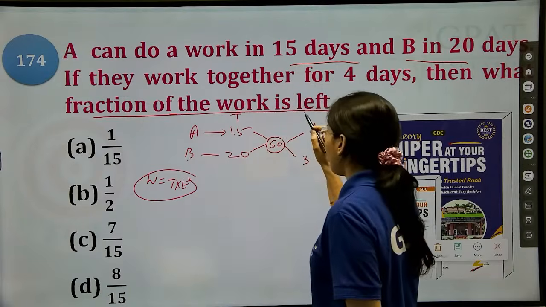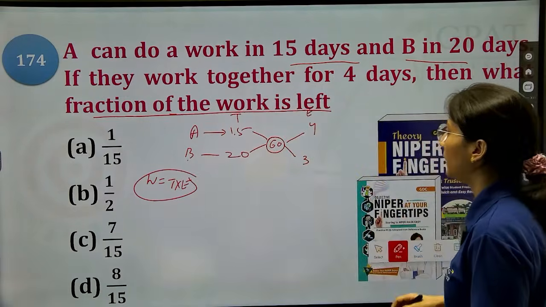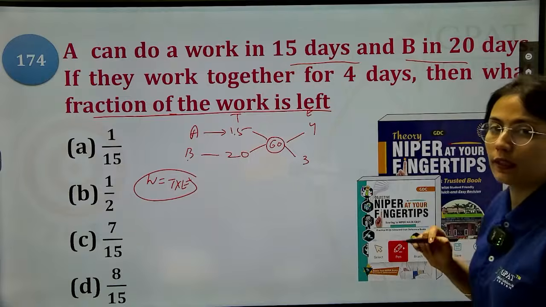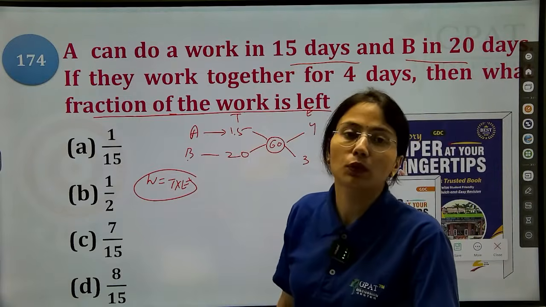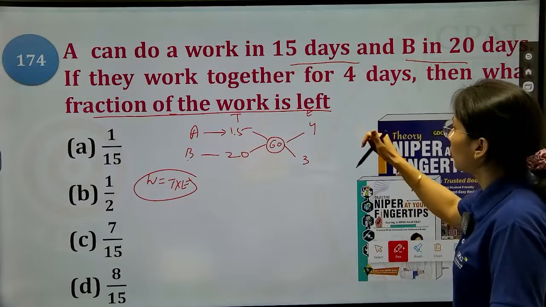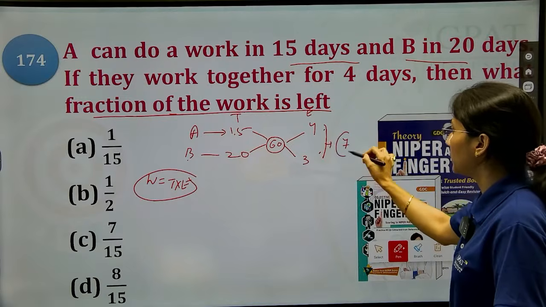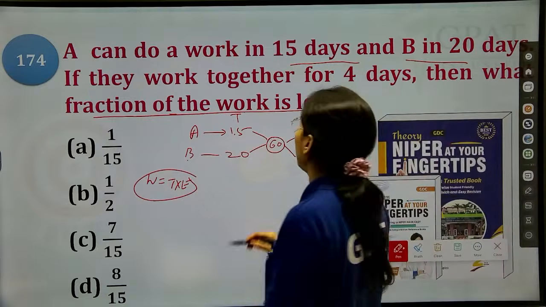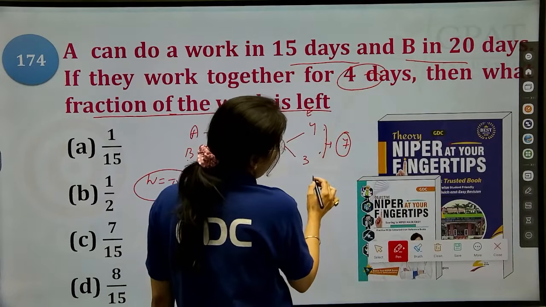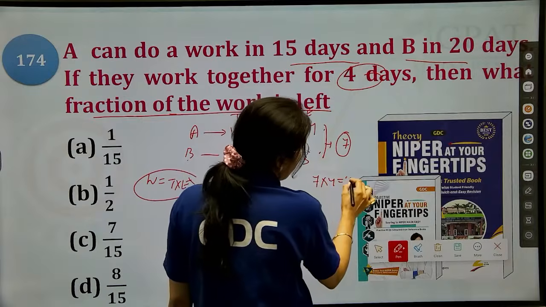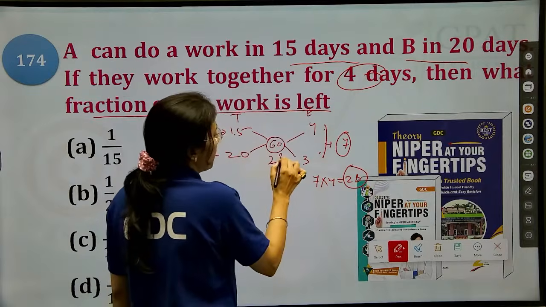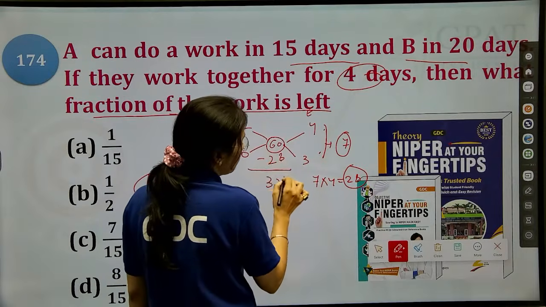So here is the efficiency of A and B. A does 4 work in a single day. Similarly, B does 3 work in a single day. If they work together, the efficiency of A and B is 7. If they work for 4 days, how much work have they completed? That is 7 multiplied by 4, that is 28. So 60 minus 28, that is 32 work is left.